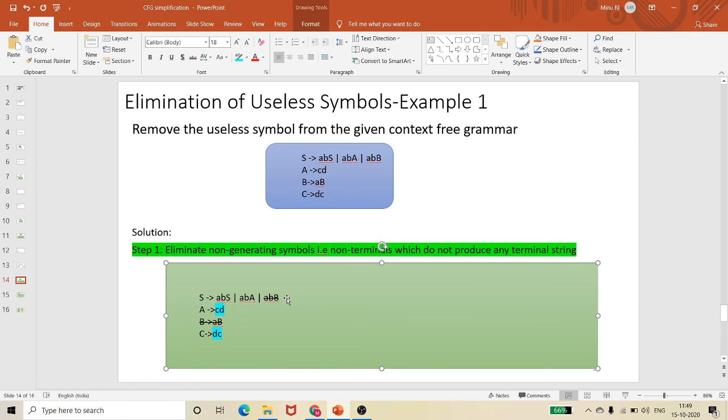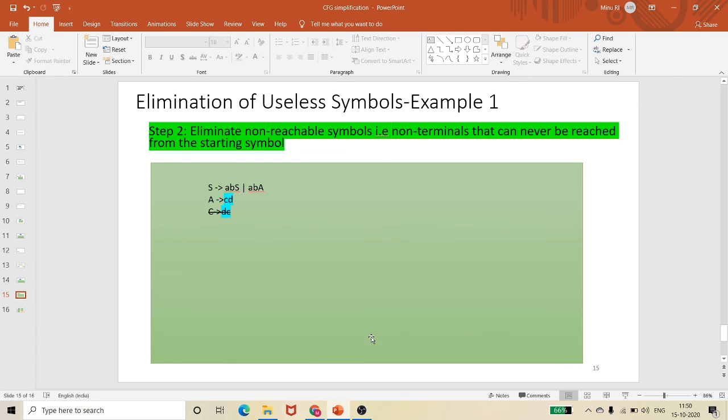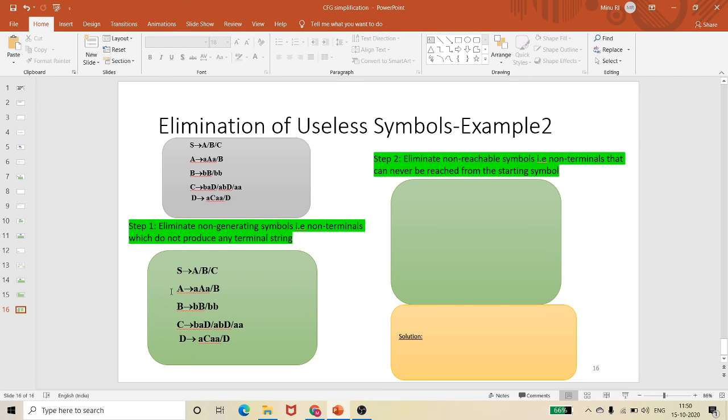If that is the case, you should not simply eliminate the start symbol grammar. By substituting, this A value will become A, B, C and D. So that is generating a terminal. So you should not simply eliminate the start grammar. While eliminating any grammar, you should be very sure that even through substitution you are not getting any production, only then should you eliminate it.